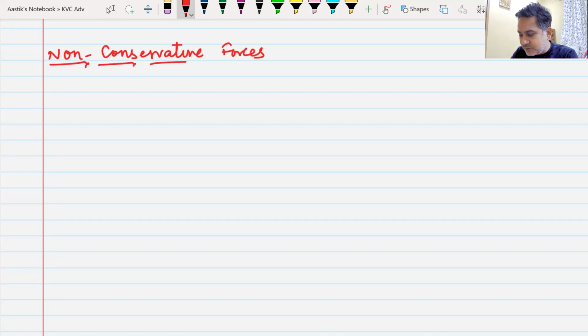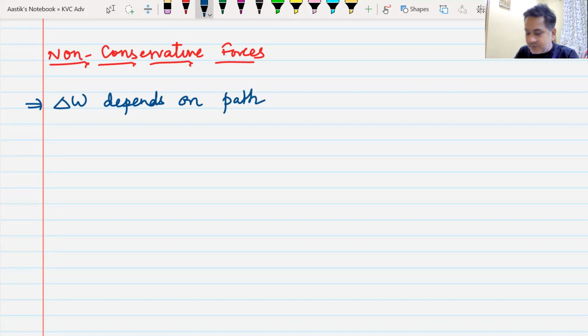So just reverse the things: work done depends on path. If I go in one path, work done would be different. If I go in another path, the work done would be different. Work done in a closed loop will not be equal to 0. Do we understand this?